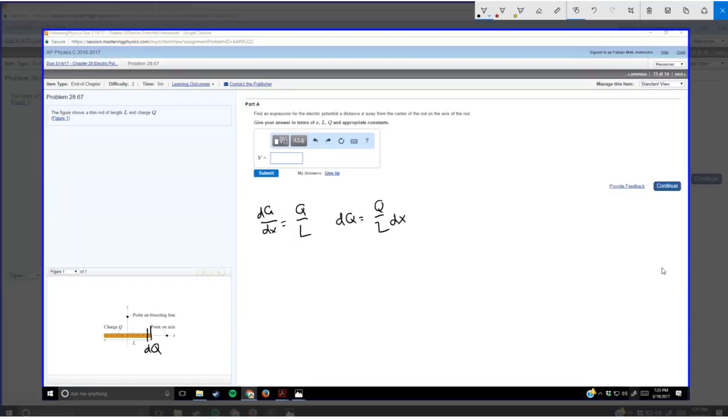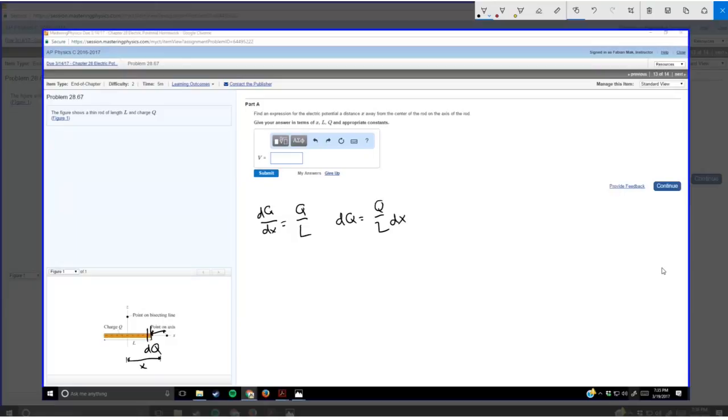find an expression. Okay, so this is going to be kind of a pain because each element is a certain distance away from this point. So this point is a distance x.